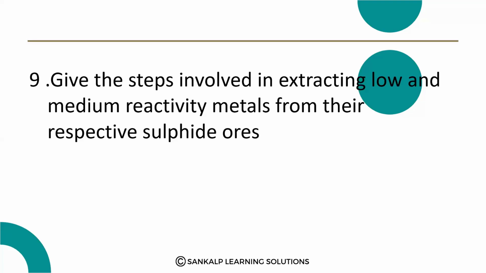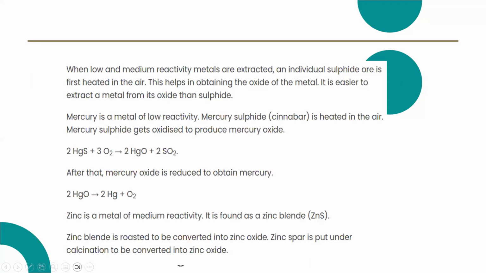When low and medium reactivity metals are extracted, the individual sulfide ore is first heated in air. This helps in obtaining the oxide of the metal. It is easier to extract the metal from its oxide than from the sulfide.